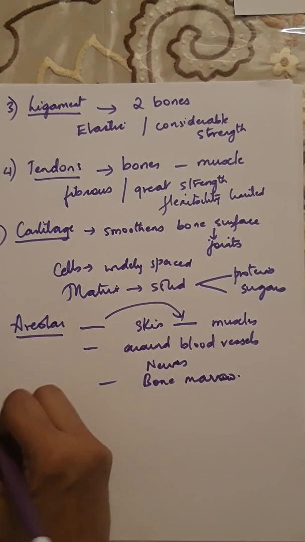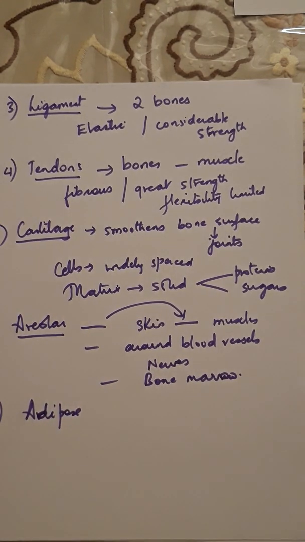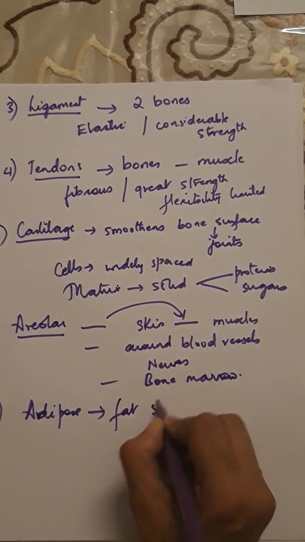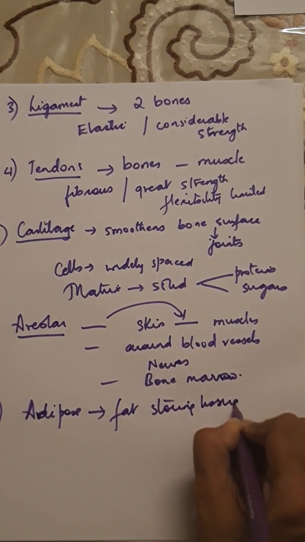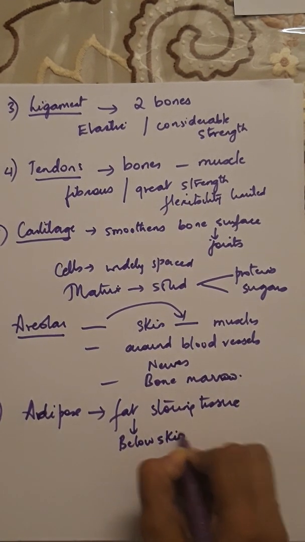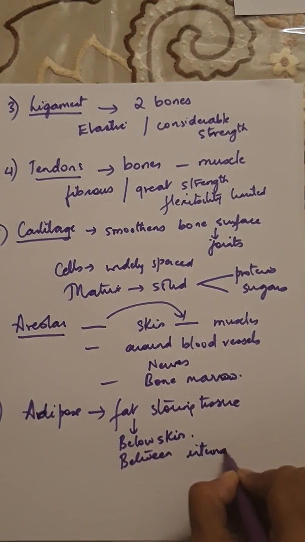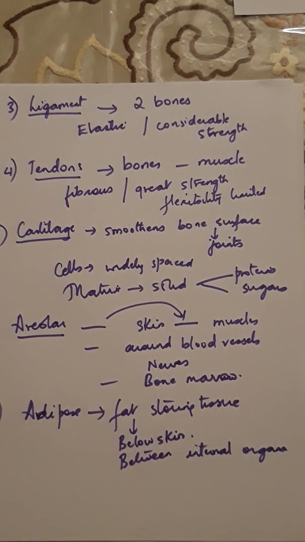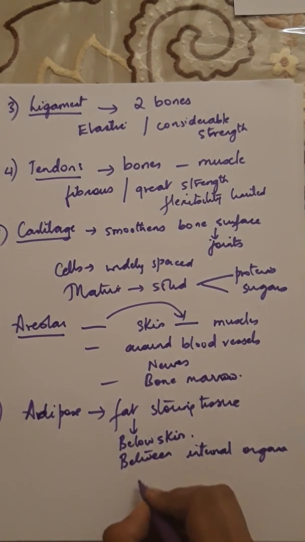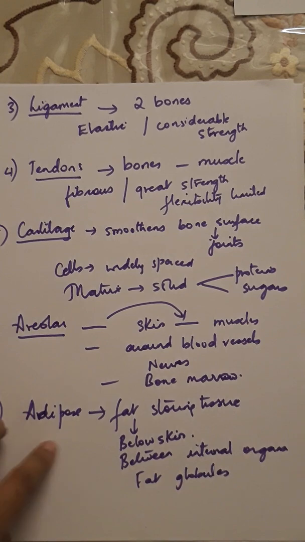We now come to the last connective tissue, and that is the adipose tissue. The adipose tissue is a fat storing tissue. It stores fat, and this tissue is found below the skin and between the internal organs. The cells of this tissue are filled with fat globules, and these fat globules act as insulators, so they help to keep warm.